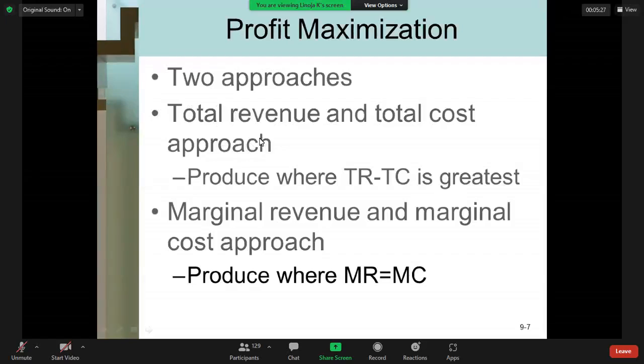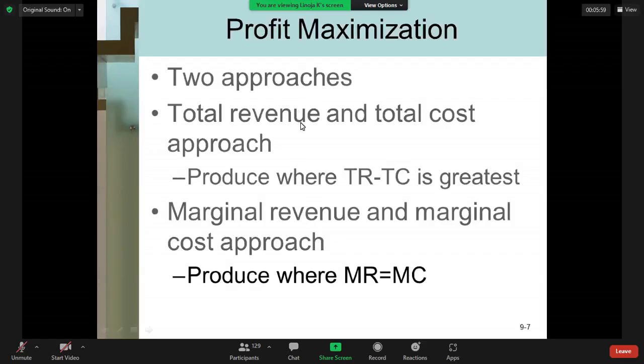The second approach is the marginal revenue and marginal cost approach, right? Sometimes in the calculations or in the slides, they will use only the abbreviations: total revenue, total cost means TR TC, and marginal revenue, marginal cost, they will use MR MC.